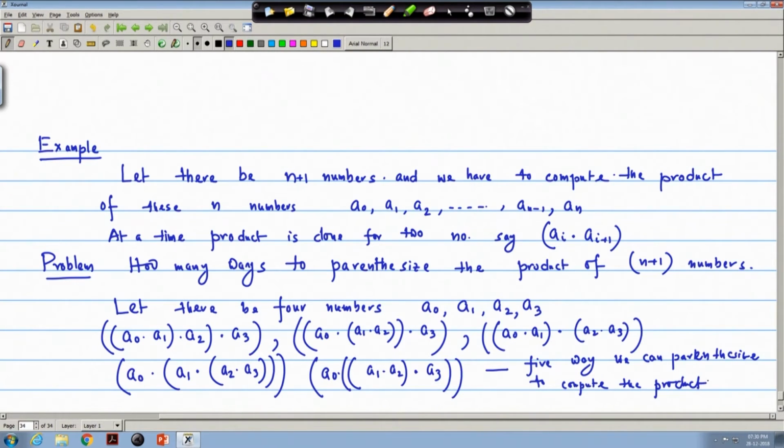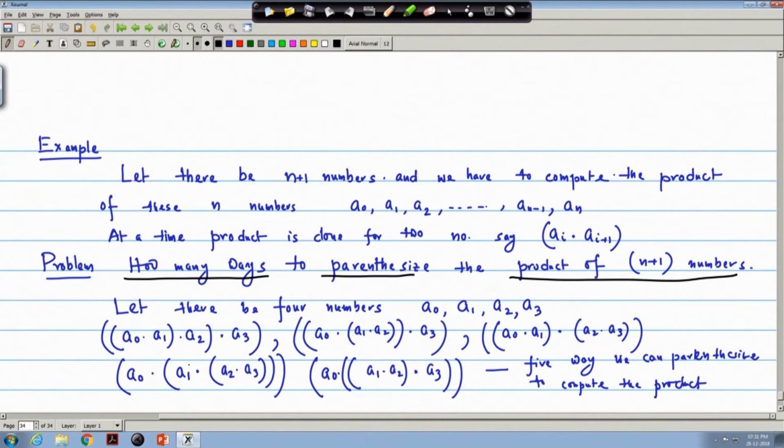When we have 4 numbers A0, A1, A2, A3, my problem is how many ways to parenthesize the product of n plus 1 numbers. Now, if we observe the parenthesizing when there are only 4 numbers, then if we solve the problem with fewer numbers, it is much easier.